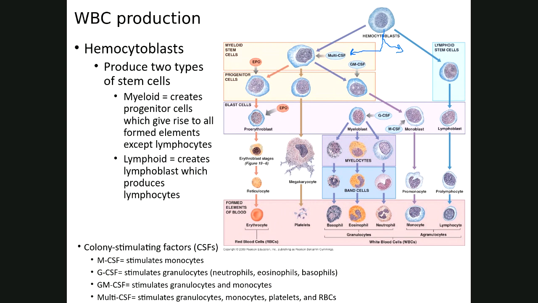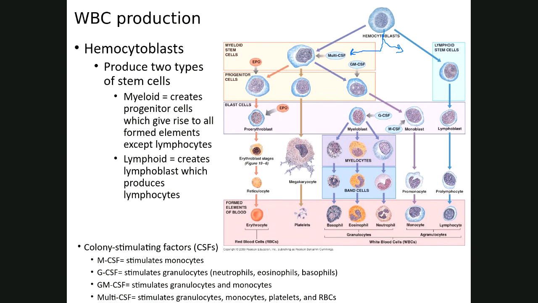Eventually, EPO, TPO, other interleukins, other colony stimulating factors then start to tell that myeloid progenitor cell to become what will generate a red blood cell, so an erythroblast, or a prothroblast, or another still myeloid type cell that can eventually lead to one of our three granulocytes or one of our monocytes.